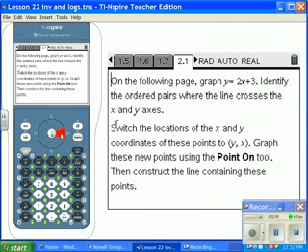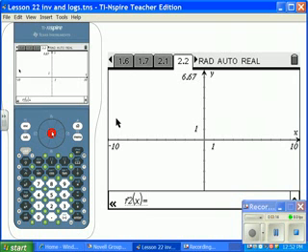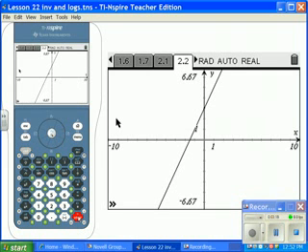All right, on the following page, you're going to graph y equals 2x plus 3, and we're going to identify the ordered pairs where the line crosses the x and y axes. Once we do that, we're going to take those points, find the inverse of them, and plot them on the graph using our point on tool. Okay, so 2x plus 3, we're going to hit Control I, graphs in geometry, 2x plus 3, graph that.